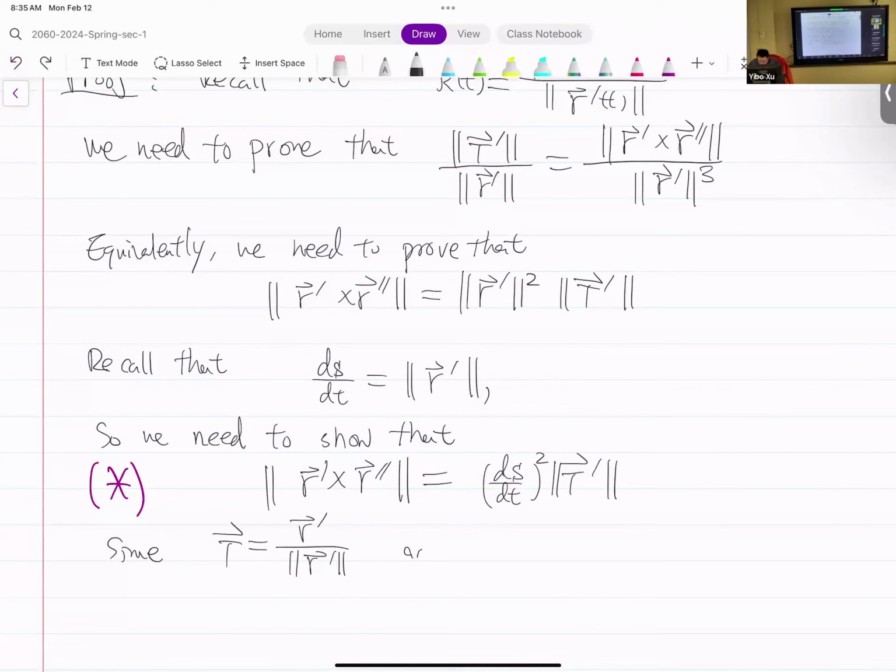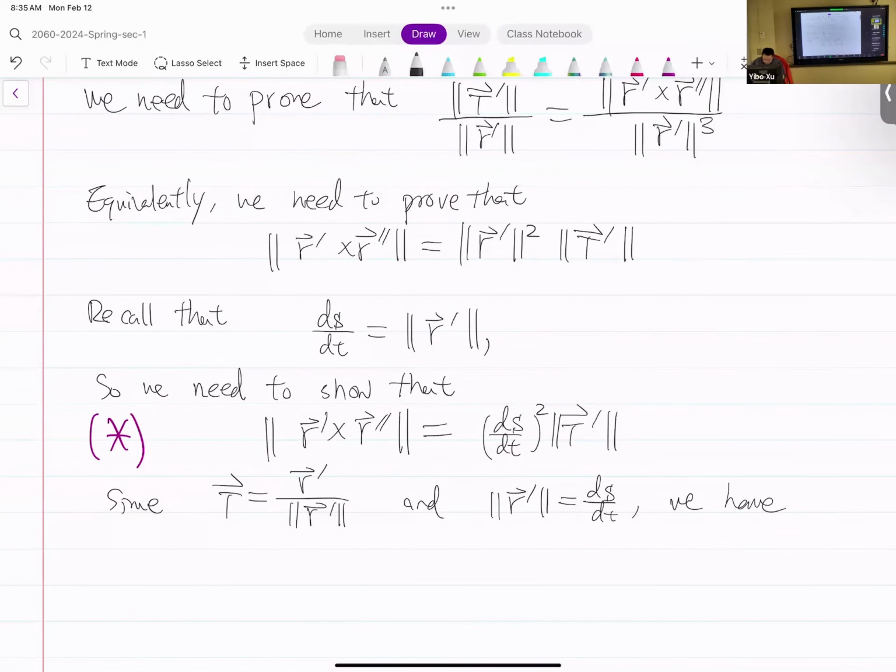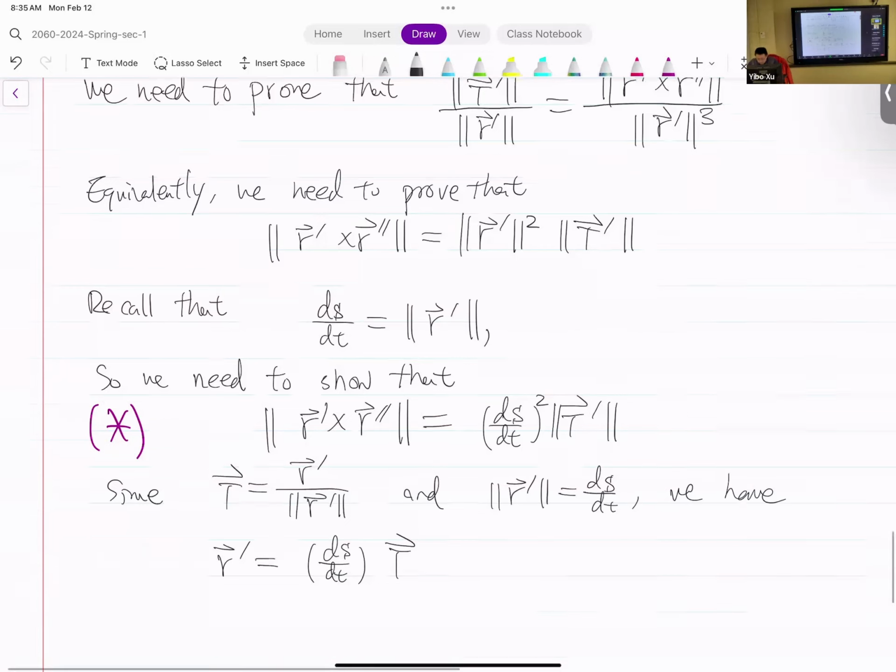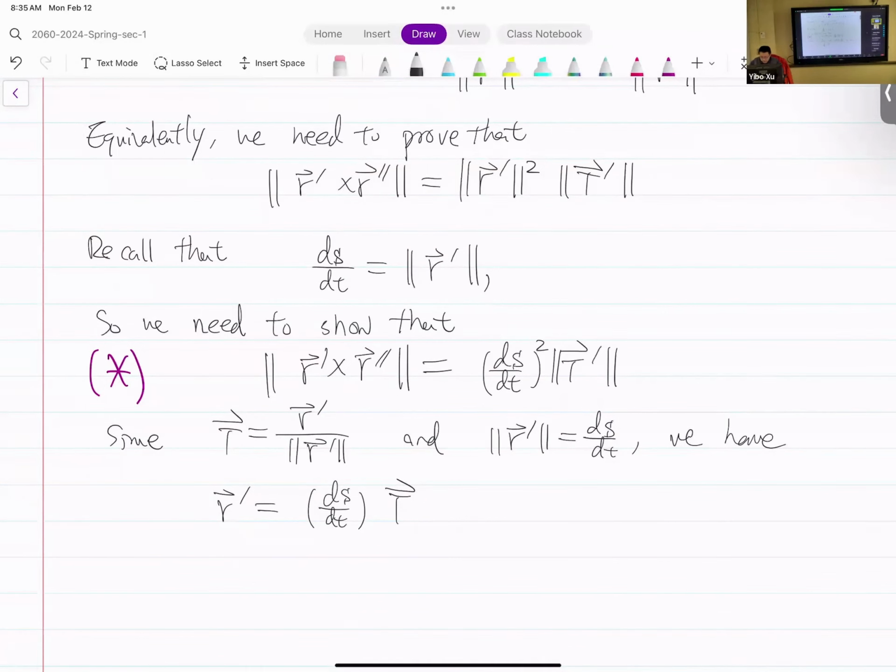And of course, we know that the magnitude of r prime is ds dt, so this is the same formula that we have seen above. So we can express r prime by ds dt, the scalar function, times the direction. So r prime is along the tangent direction. It is some number multiplying the unit tangent direction. That's for sure.